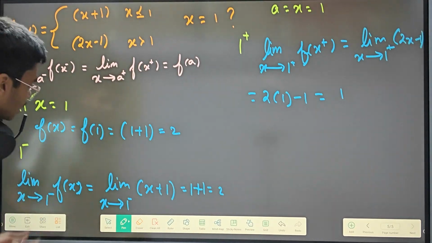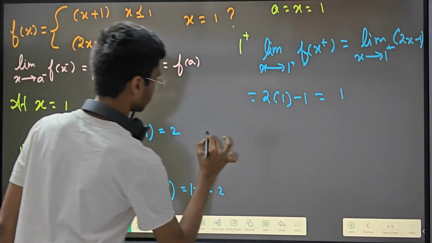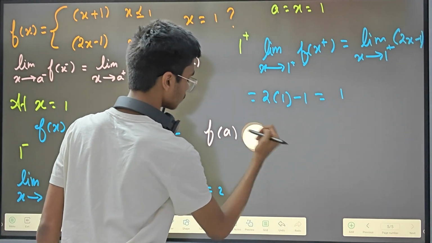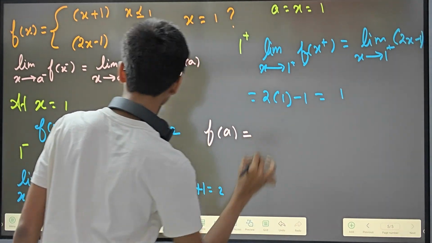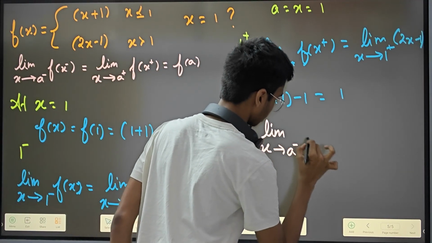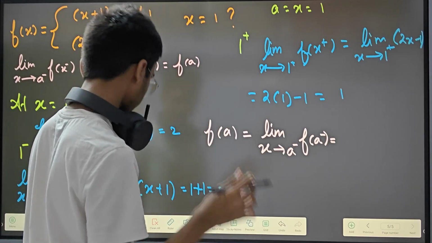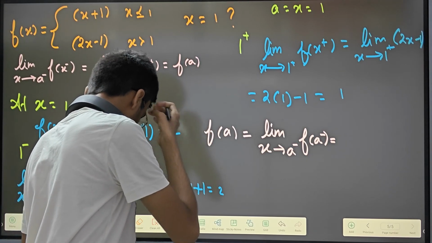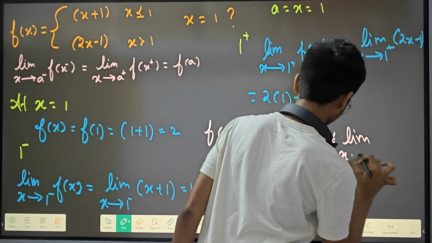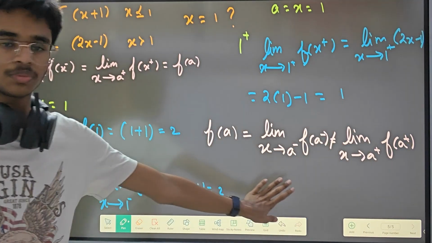So here you can see that f of a is equal to the limit as x tends to a minus of f of x, which is not equal to the limit as x tends to a plus of f of x.